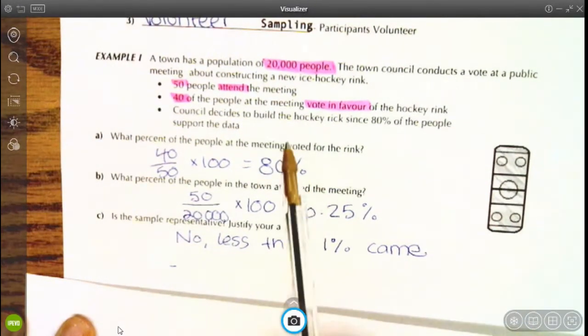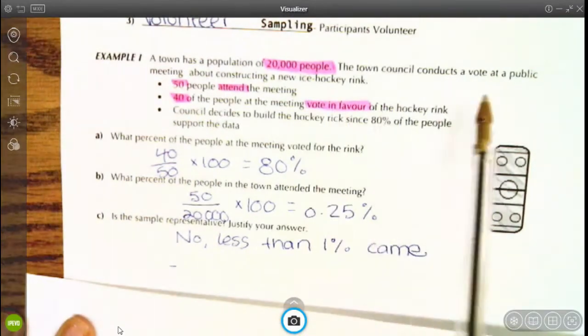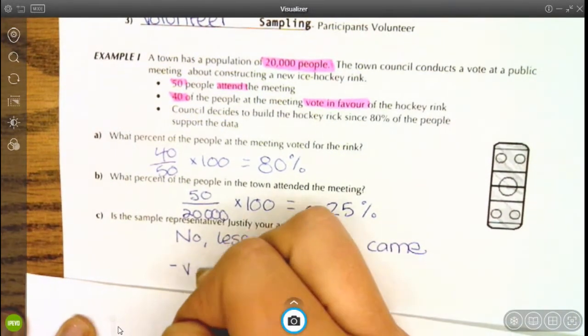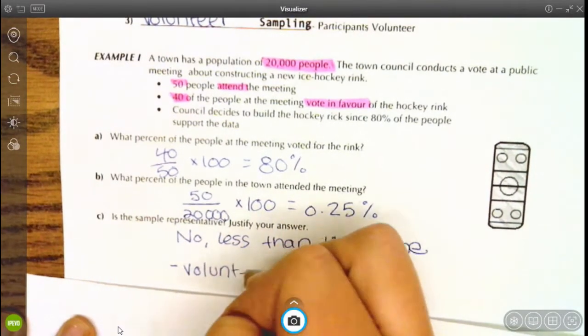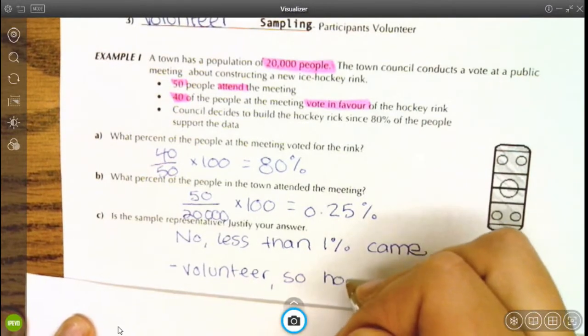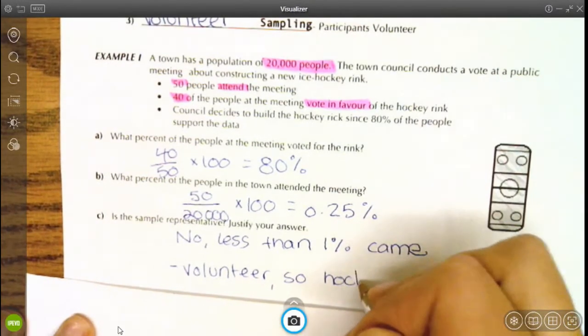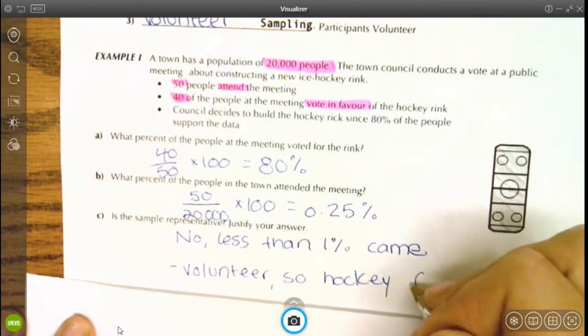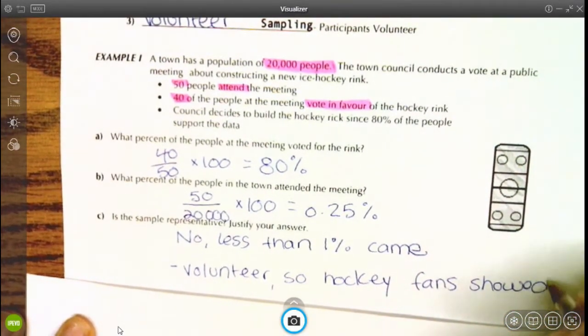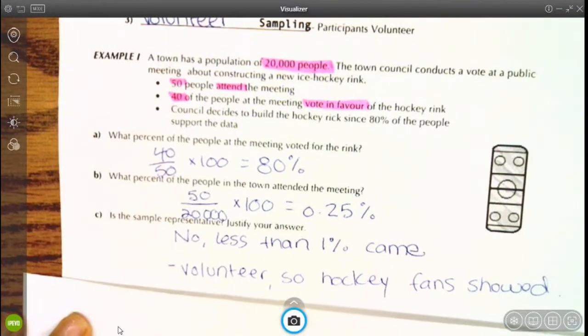Most likely going to be hockey fans as well if they're going to a meeting about constructing an ice rink. So because it's volunteer and only hockey fans showed, it's another reason why the sample is not representative.